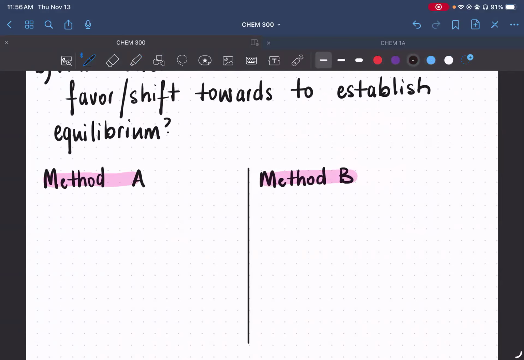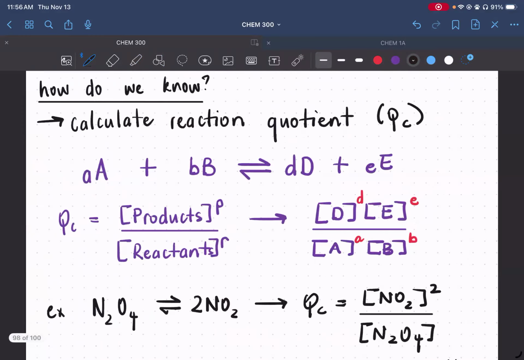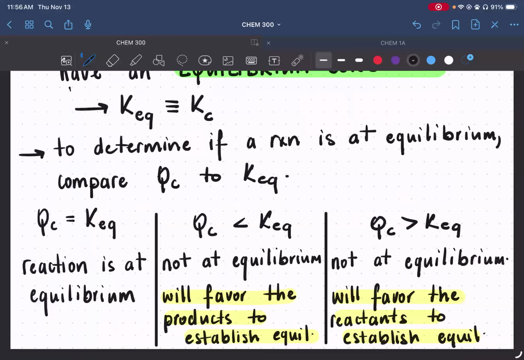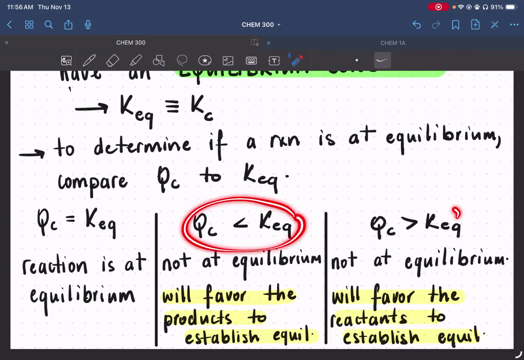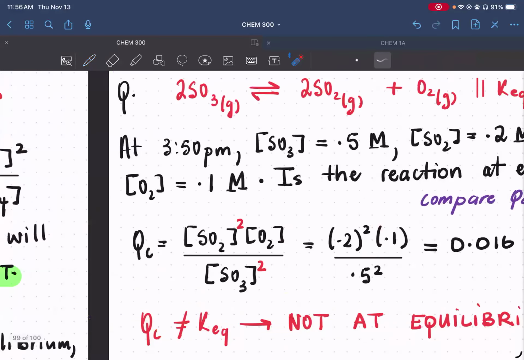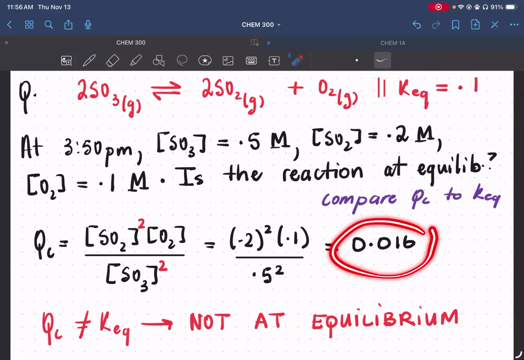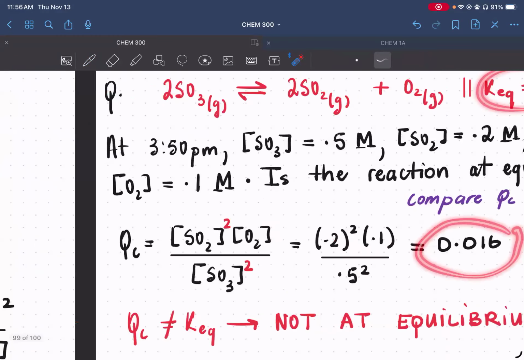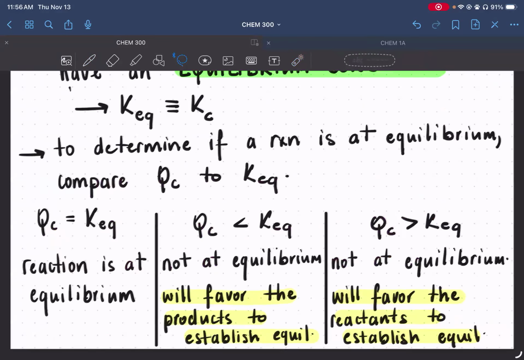Starting with method A. Method A is the simpler one. It just asks you to remember what the different possibilities are. In other words, depending on Kc being less than or greater than, well, let's take a second to look at the numbers. 0.001 versus 0.1. Of course, we should be able to tell pretty quickly this is a case where Qc is less.